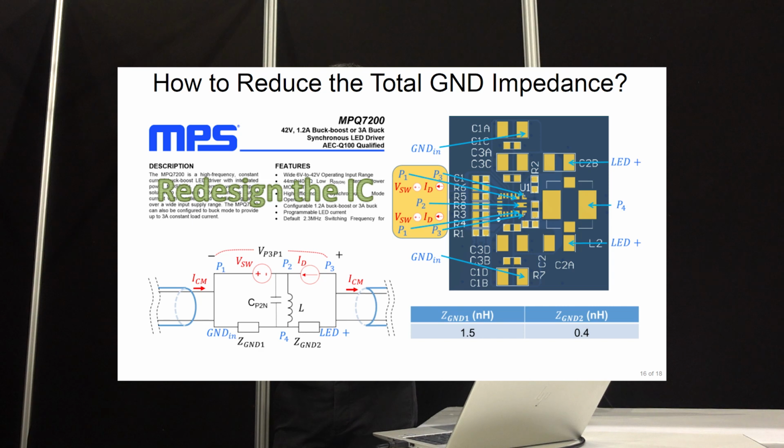So then how do we fix it? As we said, from layout, actually there's no more place to improve. So we thought, then let's redo the IC. Let's design the IC completely to have these two grounds be much smaller. So this is what we did. We basically separate the noise source into two portions, left and right. We also make it all internal, so there's no external diode or FET.